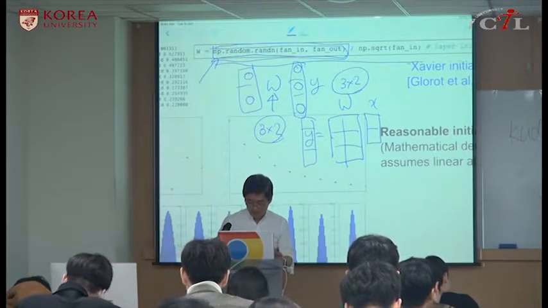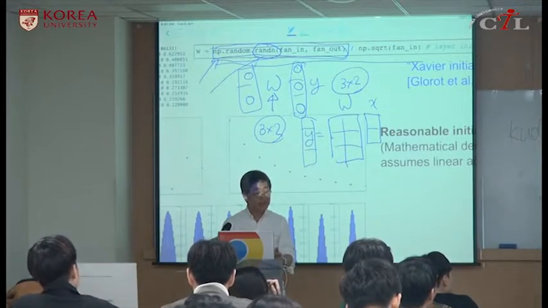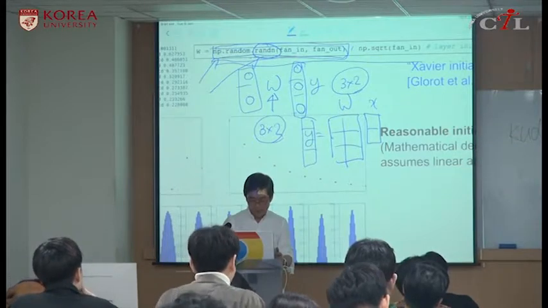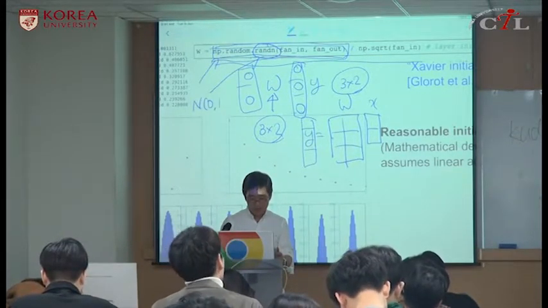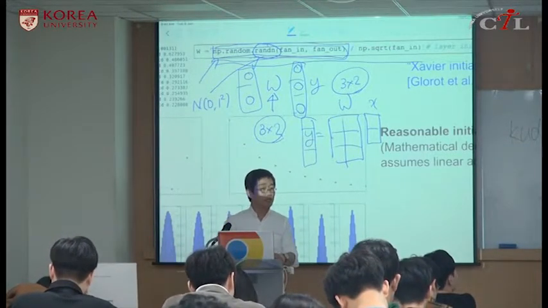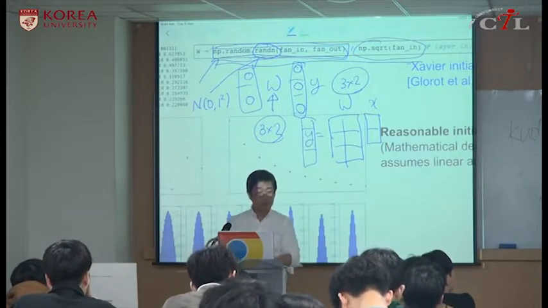But when using this randn, it is sampling, or it generates samples from a normal distribution that has 0 mean and unit variance or standard deviation, right? And then this part is the important part.